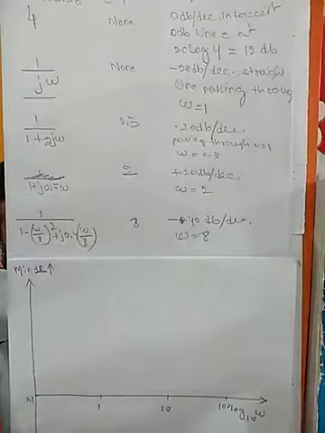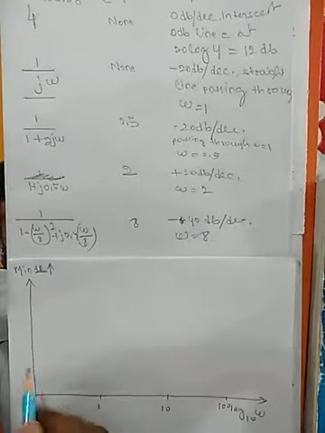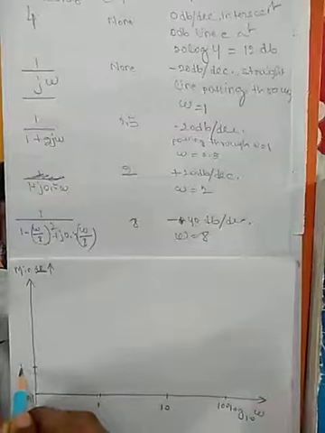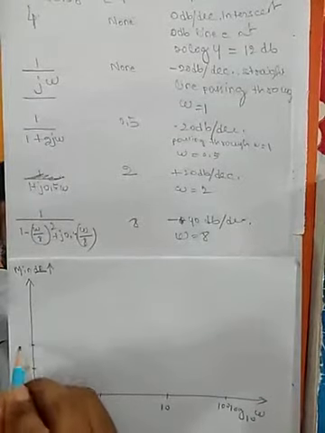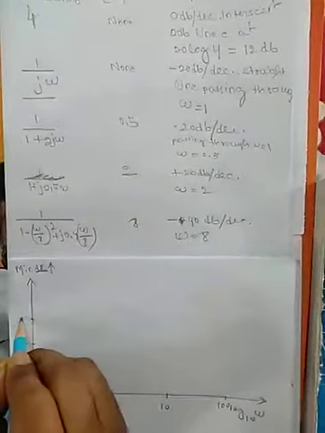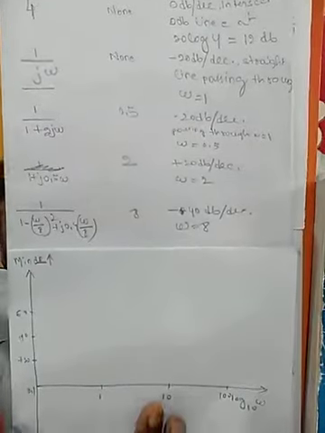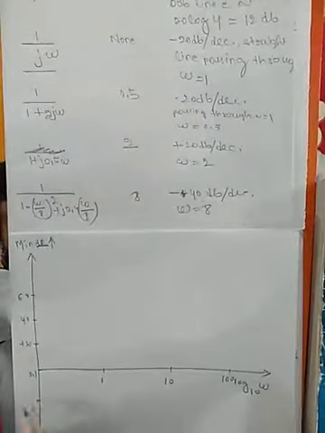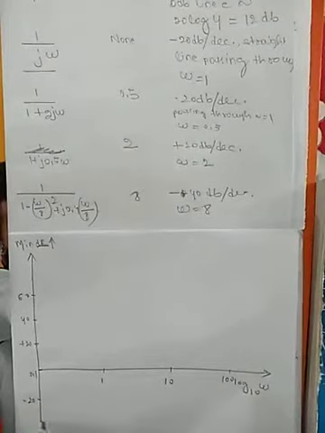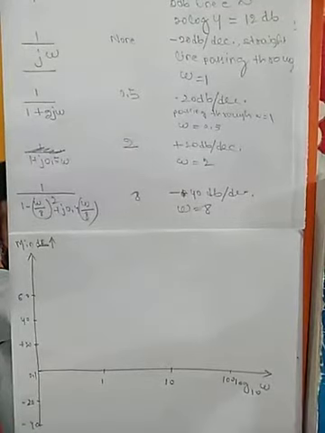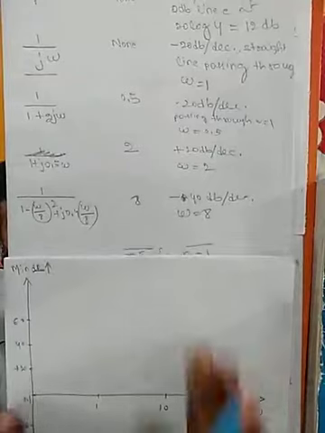And on the y-axis, plus 20, plus 40, plus 60, 20 division I take, and on the negative axis similarly minus 20, minus 40, like this.